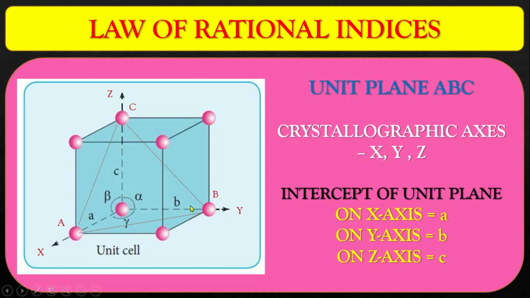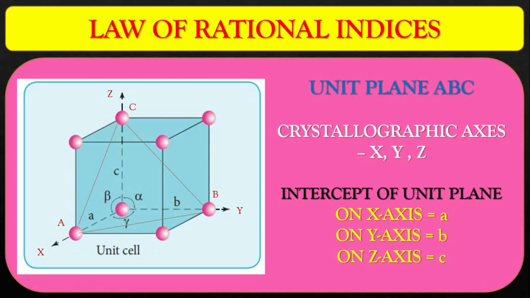So this plane ABC is a unit plane. Now this unit plane is making an intercept on the x-axis, as you can see at this point A. So the intercept made by this unit plane ABC on the x-axis is small a, as represented here.